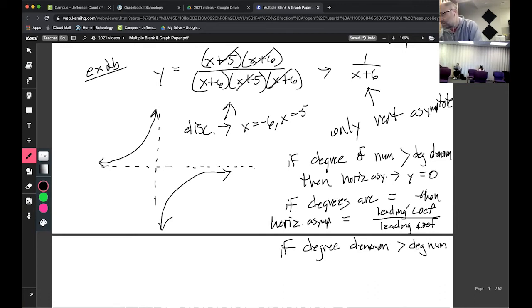I reversed this. I'm sorry. If the degree of the numerator is greater than the degree of the denominator, then the graph has no horizontal asymptote. If the degree of the denominator is greater, then the horizontal asymptote is y equals 0. Sorry, for the other case, there's no horizontal asymptote.